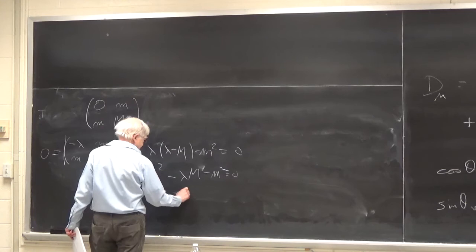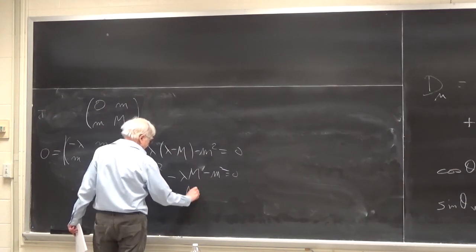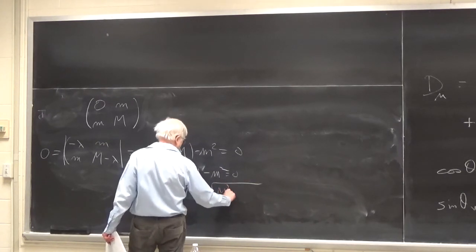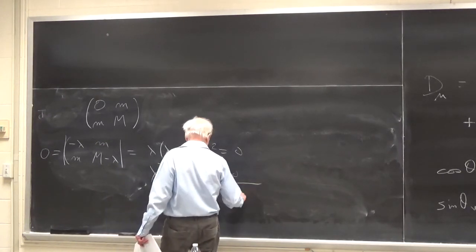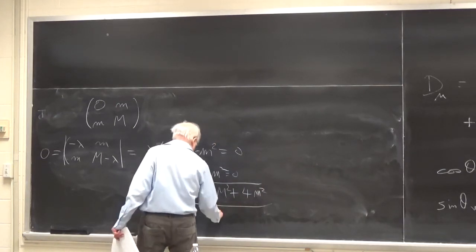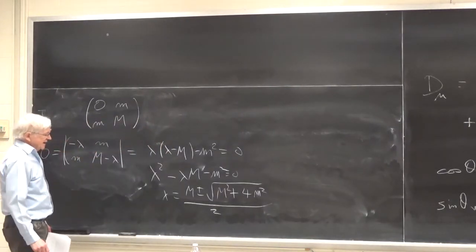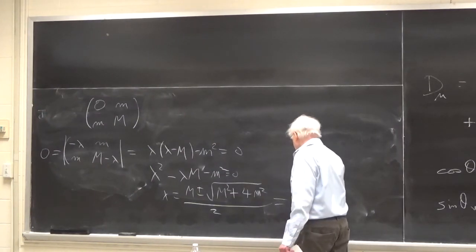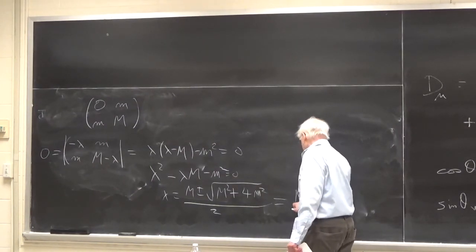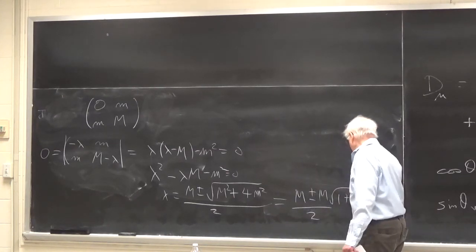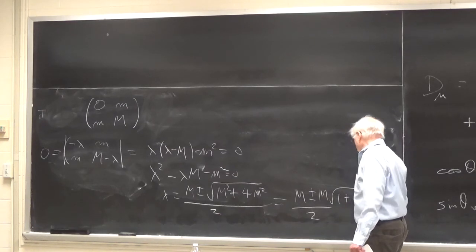So lambda is big M plus or minus the square root of big M squared plus 4m squared, over 2. If you pull out the M, you get M plus or minus M over 2 times the square root of 1 plus 4 little m squared over big M squared.